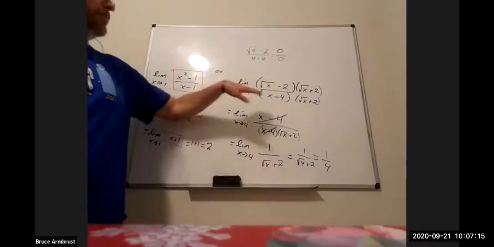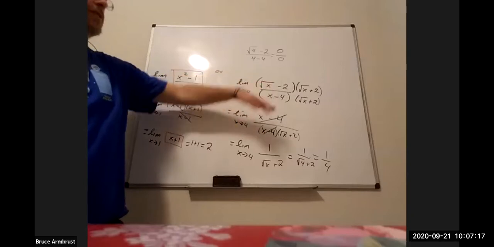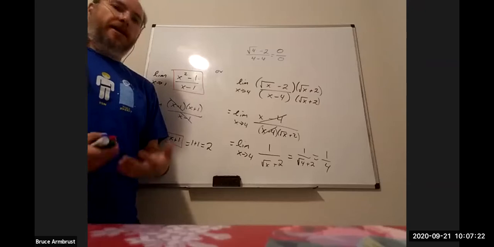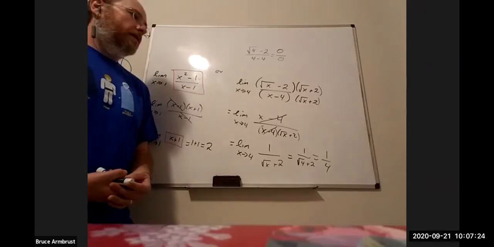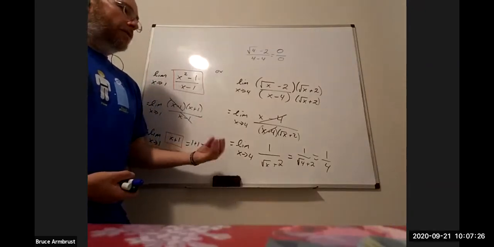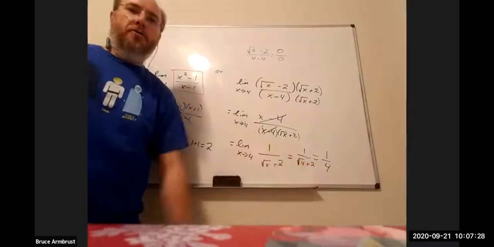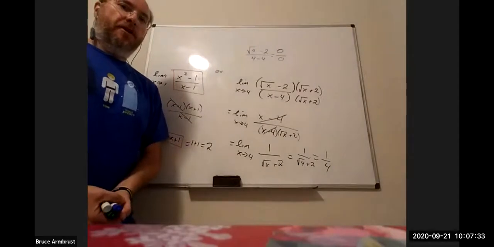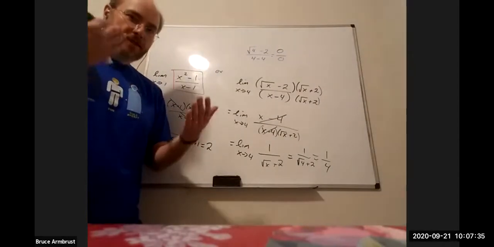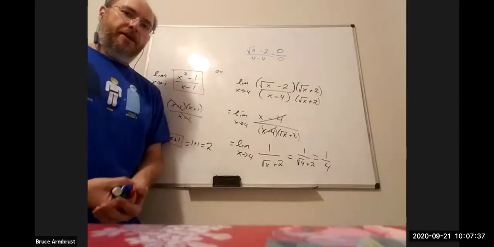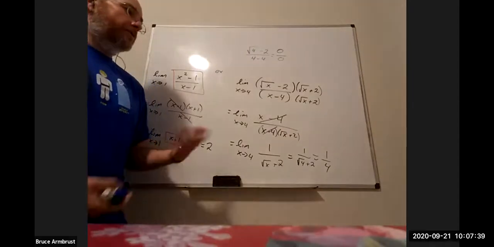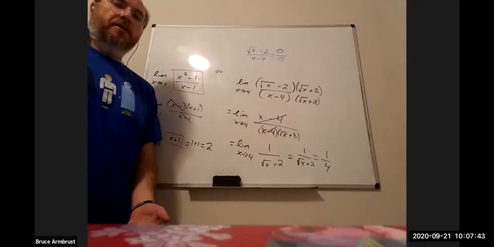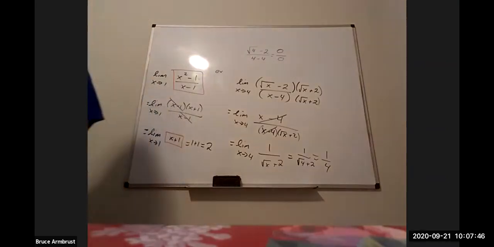And if you numerically put in numbers near 4, go back to the original function and put in 3.9, 3.99, 3.999, and so on, you're going to get values out that are getting closer and closer to 1/4. But this isn't an approximation anymore. This is the answer. This is the limit. So we're going to play algebra tricks like this all the time in order to help us figure out limits.